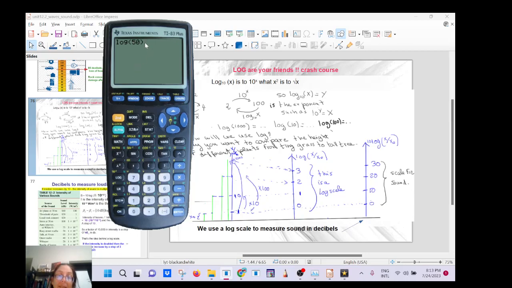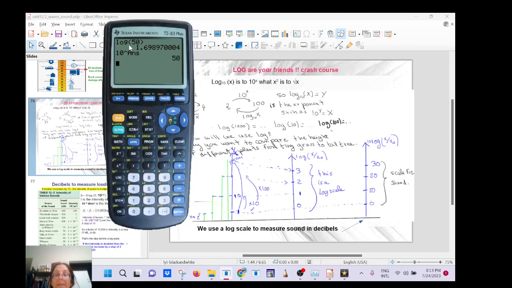The number that I get will be the exponent to place on base 10 to get 50. So let's see, what do I get? I get that number here. Now if I do 10 raised to that number, what do I get? 50.